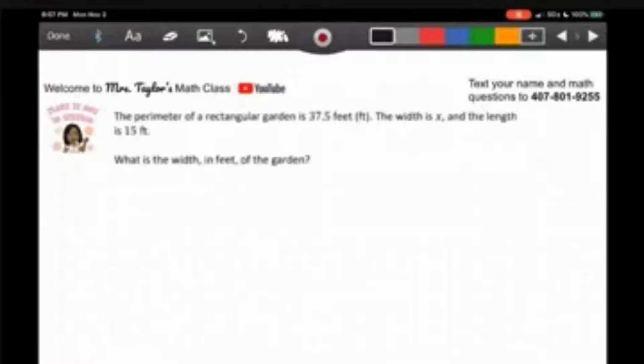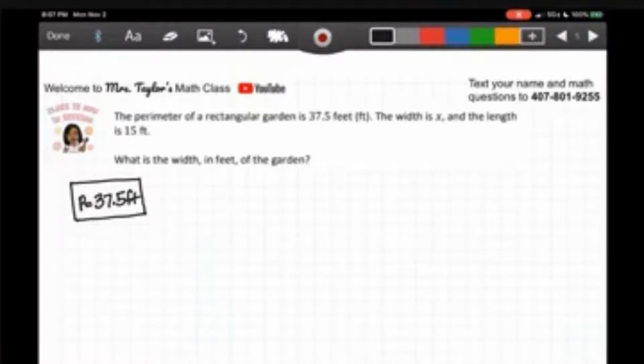Here's another problem. This is a 7th grade problem dealing with perimeter. It says the perimeter of a rectangular garden is 37.5 feet. The width is x and the length is 15 feet. What is the width in feet of the garden? So we know that a rectangle is like this. And it says that the perimeter is 37.5 feet.